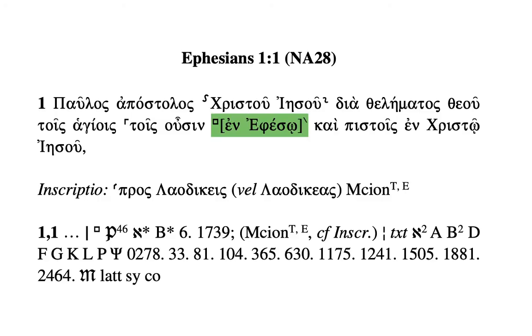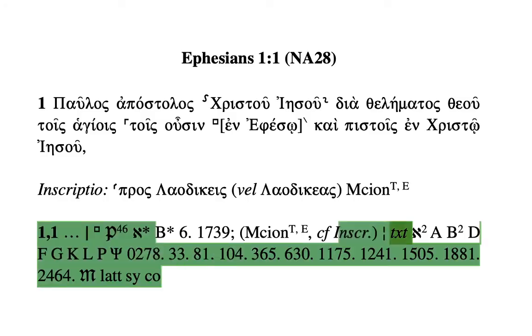There is some support for the omission of that phrase, and it's very early support for the omission with papyri, with Marcion, with Aleph and B. And then everything after that gives the support for the inclusion of those words in the text, and that includes all of this material here.